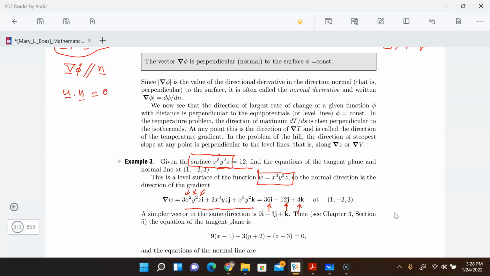In this particular case, it doesn't seem to be using the normalization. So the question here is the equation of the tangent plane and the normal line. The normal vector is already found to be 36i minus 12j plus 4k.